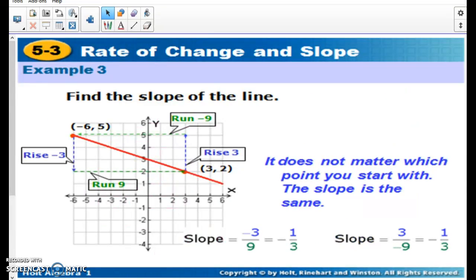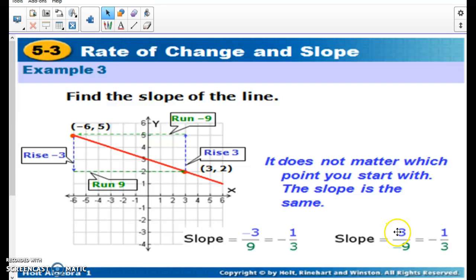Here's another point of what I was saying, where no matter what, we're going to count which way we're going. You should always count up or down first, but just to prove that it's the same, we did it 2 different ways here. From this point to this point, and there are dots to represent that they went right through that corner in the grid, it looks like we're going up 3, so we are rising 3, and going left 9, so we are running 9, but since it's to the left, it's negative.